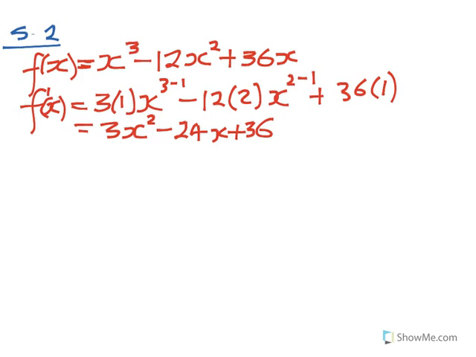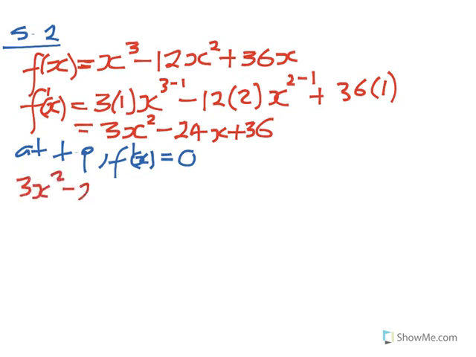Now the next thing that they need you to remember is to write this point at turning point f prime x is equal to 0. That is very important. At turning point f prime x is equal to 0, meaning that 3x squared minus 24x plus 36 is equal to 0.